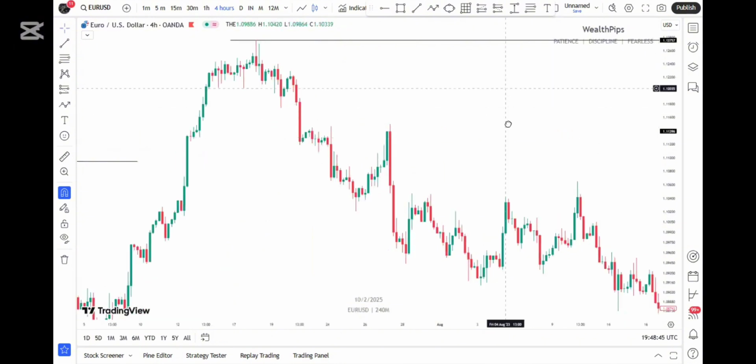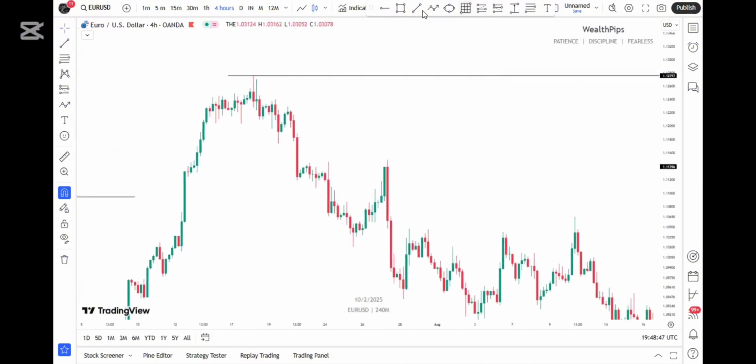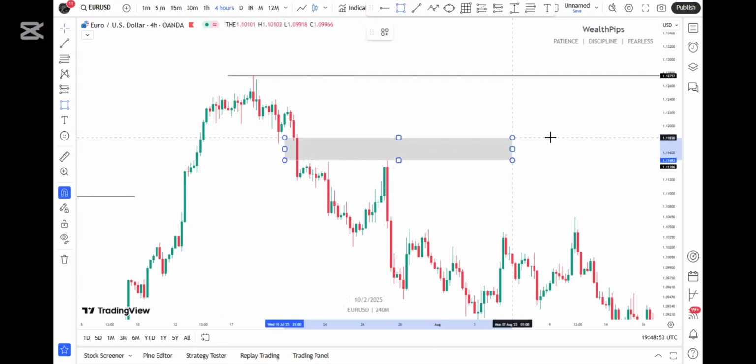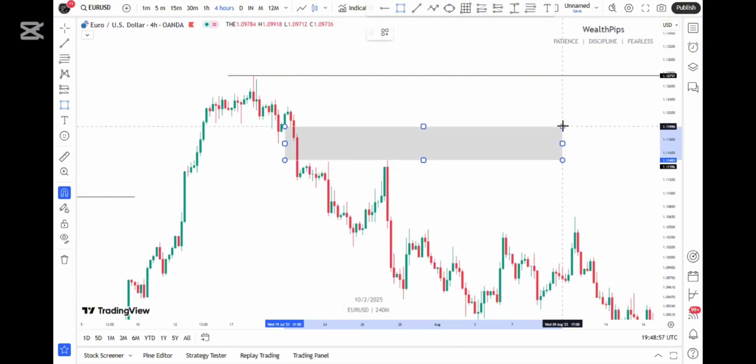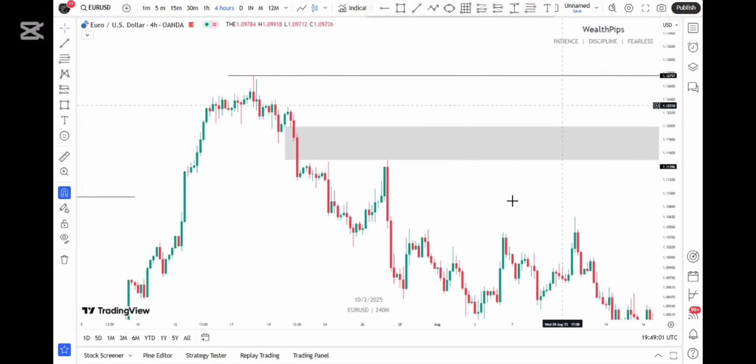Okay, is there a fair value gap? Yes, I think there is a fair value gap. There's a big gap here. There's a big gap here. Even to this side. And also remember, what is another block?